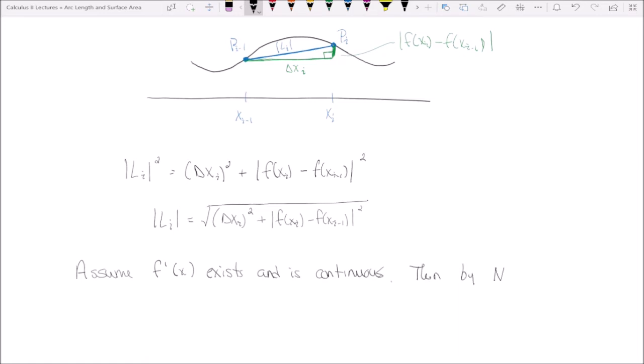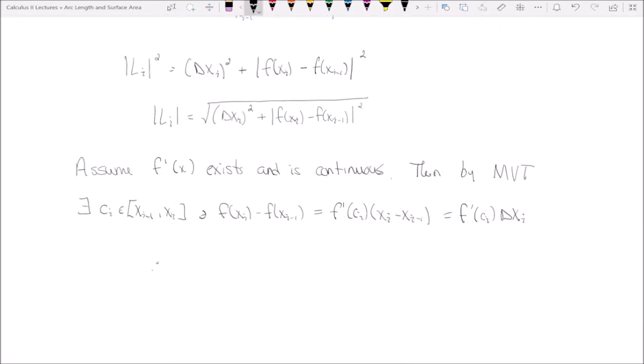Then, by the mean value theorem, there is some value, call it c sub I, in this interval such that f of x sub I minus f of x sub I minus 1 is equal to f prime of c sub I times x sub I minus x sub I minus 1, but that is precisely delta x sub I. So what we now get is this.